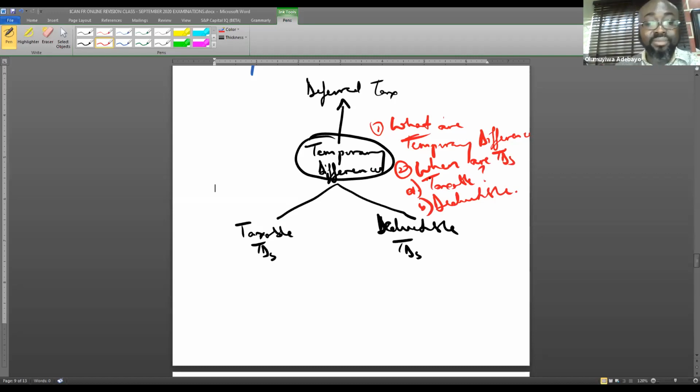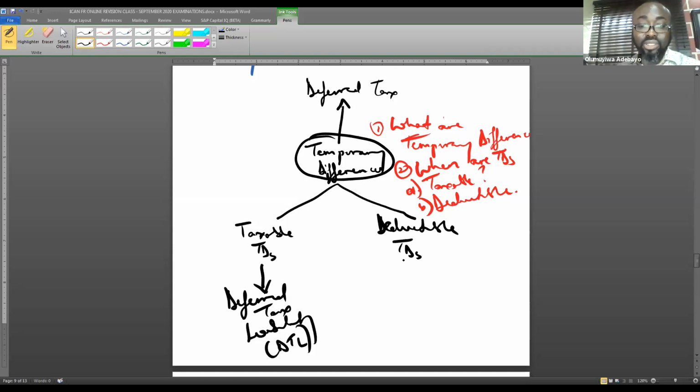Now, secondly, taxable temporary difference will give rise to recognition of deferred tax liability. While deductible will give rise to deferred tax assets.